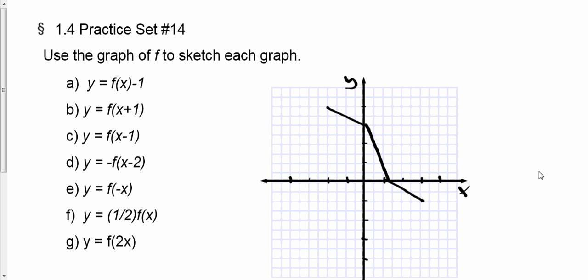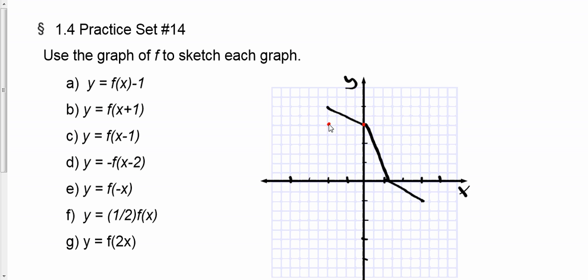All right, so letter A says I want to know what f of x minus 1 would be. Well, I know if I subtract 1 for every value of x, that moves my graph down 1. So, when I do that, this point right here moves down 1 to this point.